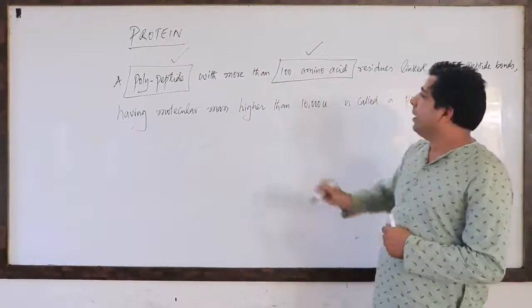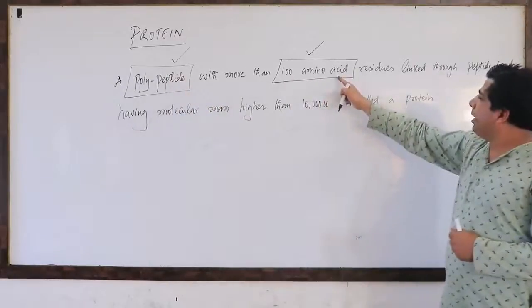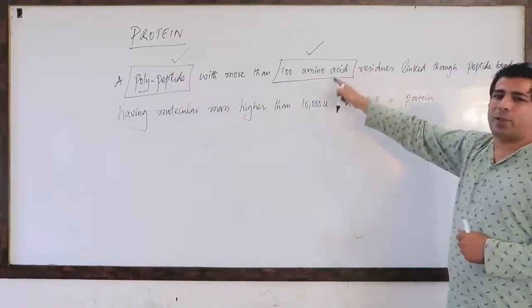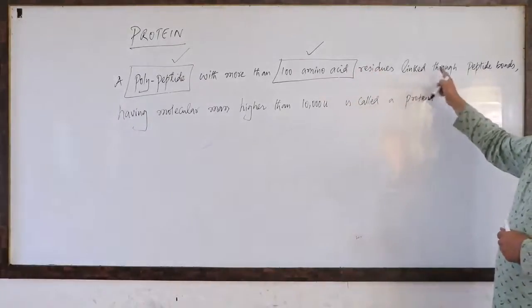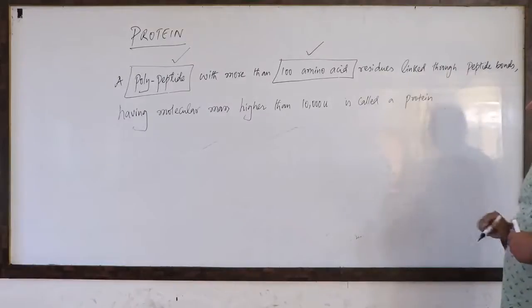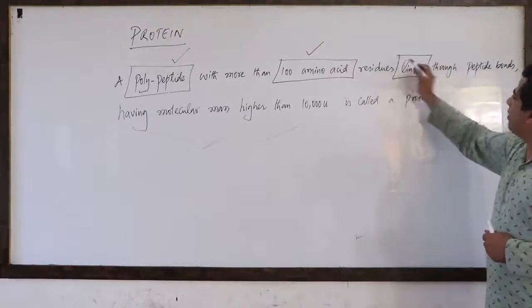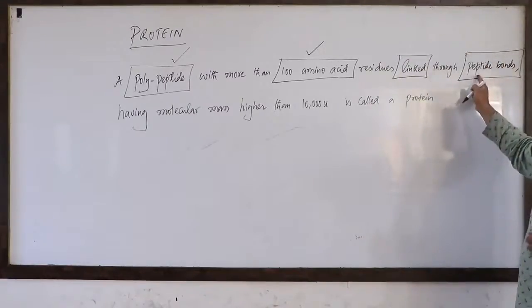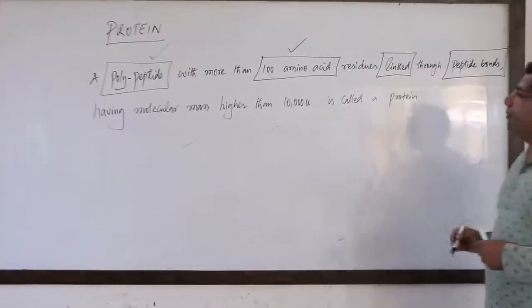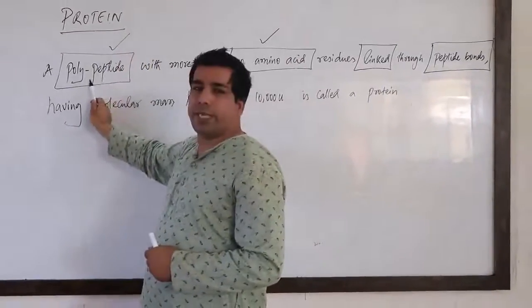in a polypeptide. And these amino acid residues, or amino acid molecules, are linked through peptide bonds. There should be a peptide bond between amino acids. Please focus right up here. So my dear friends, a protein is nothing but a polypeptide.